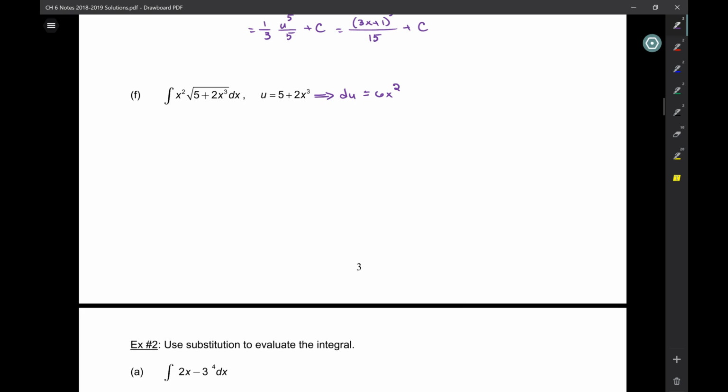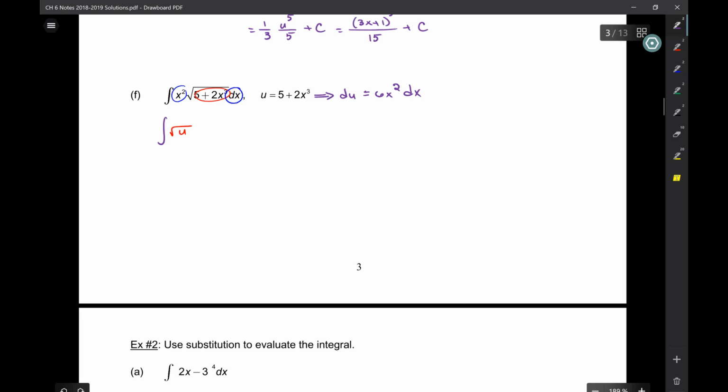Yeah, okay, so a lot of you guys have already jumped ahead here. So what's going to happen here is this is going to be u, right? So I have the square root of u. Now, what do I have left over? x squared dx. So there is a dx here.